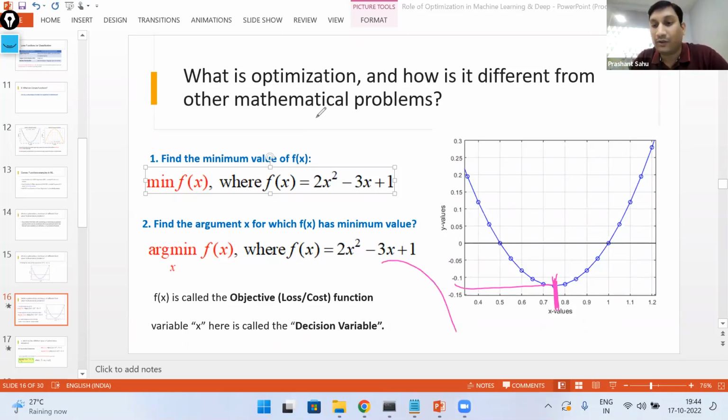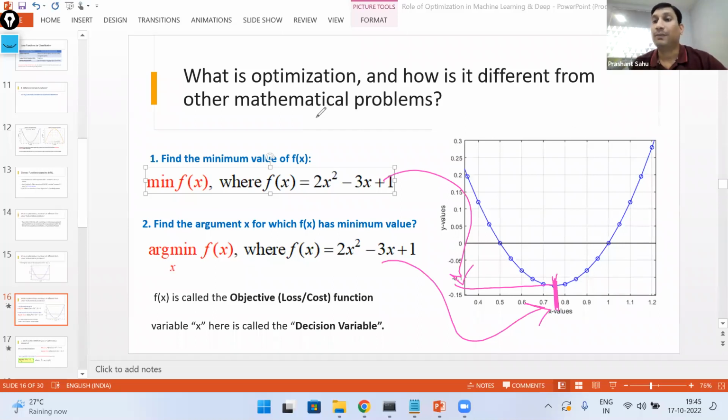Is that clear now? The solution to the second problem is the point of minima. I'm interested to know where that minima is occurring. The solution to the first problem was this. So these are the two types of optimization problems, the way you formulate them.